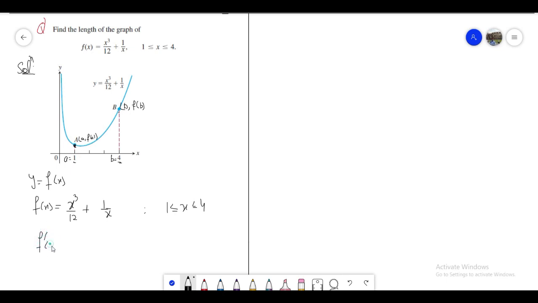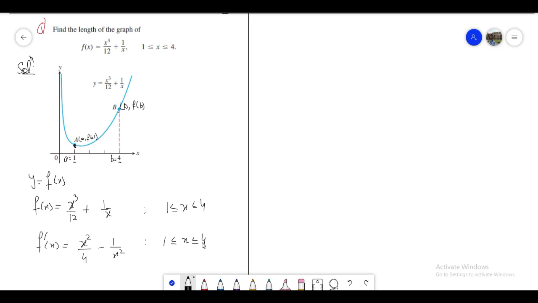Its derivative does exist, so this is 3x squared divided by 12, which becomes x squared by 4, minus 1 over x squared. And this derivative exists at each point in the interval 1 to 4.